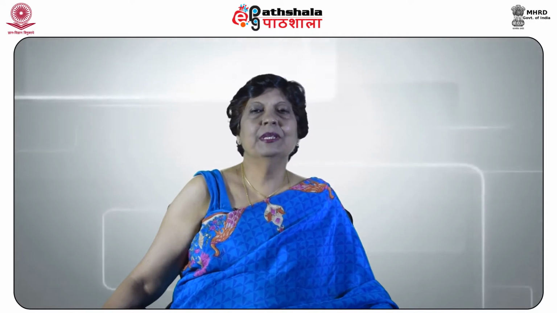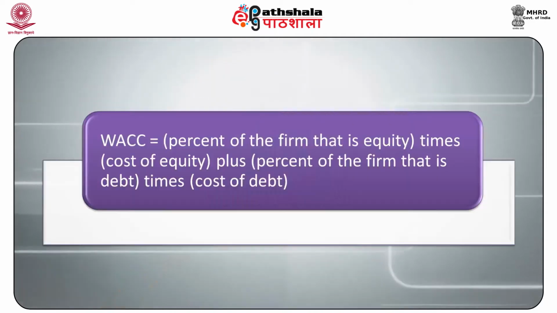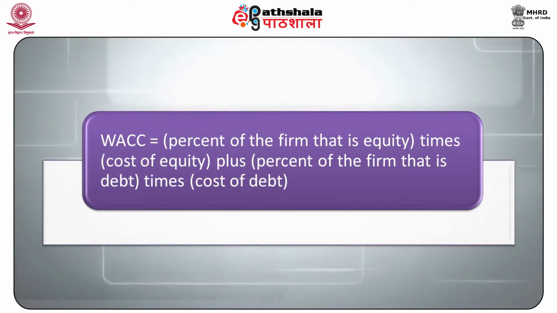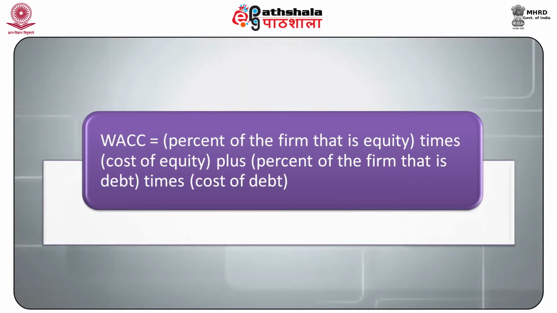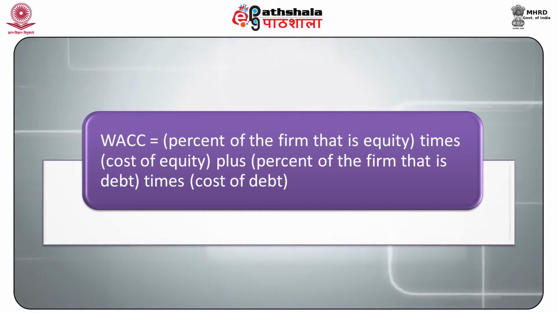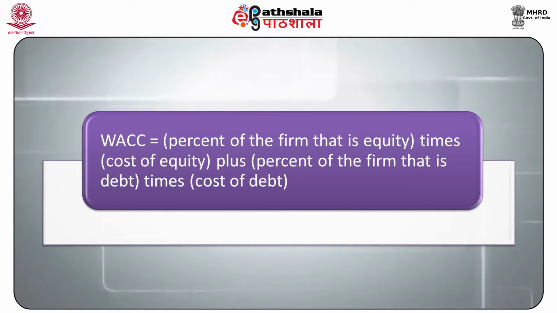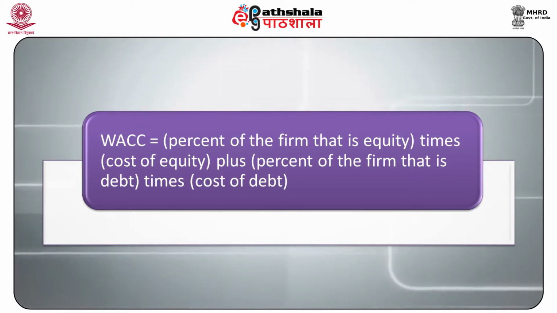This equation is the same as saying WACC is equal to percent of the firm that is equity times cost of equity plus percent of the firm that is debt times cost of debt.